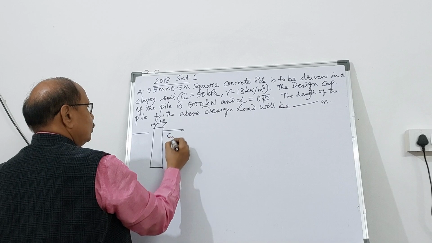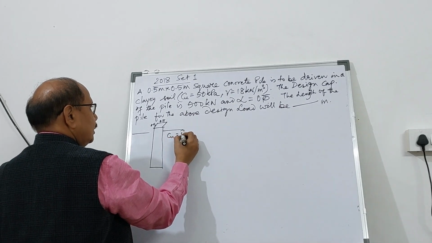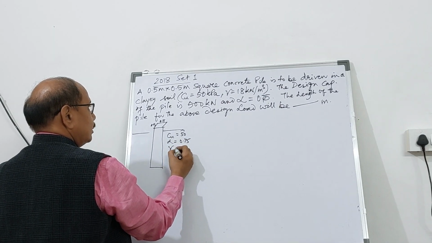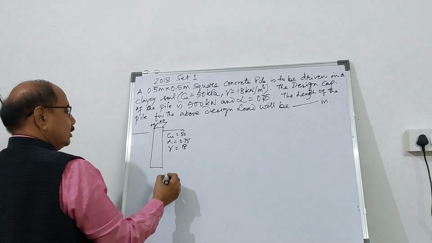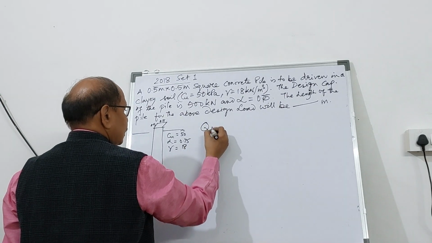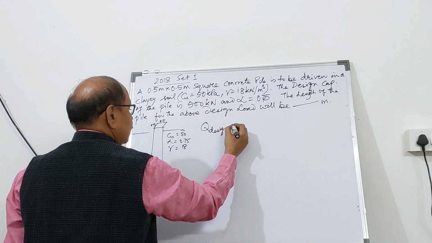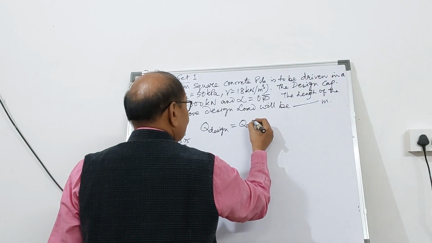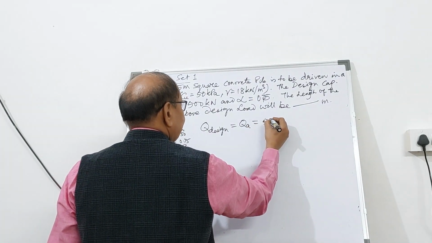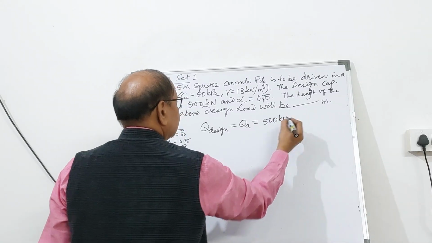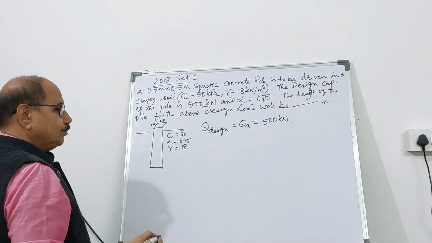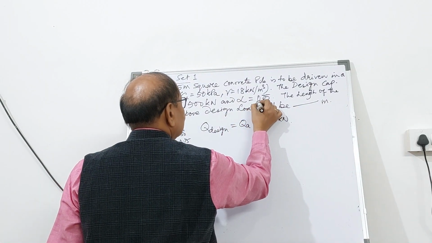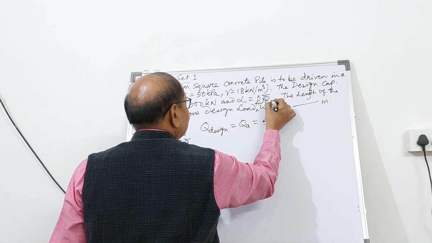And the value of Cu is known, 50, alpha is known, gamma is known, and the design capacity, that is the allowable or the safe load carrying capacity, is given to us as 500 kilonewton. And for the above design load, in the problem, it is given for factor of safety equal to 2.